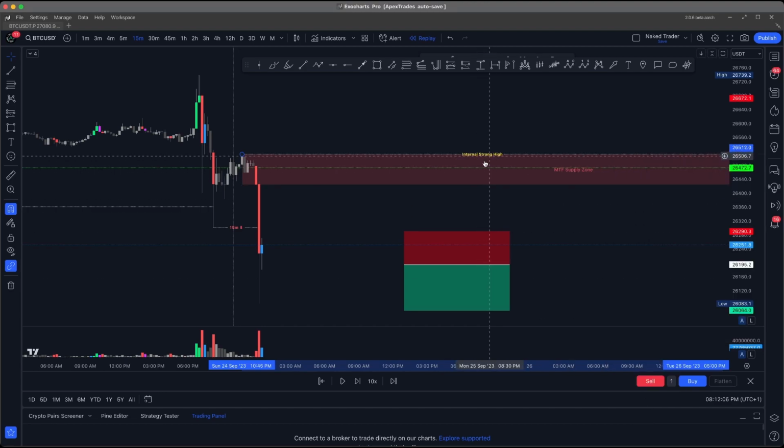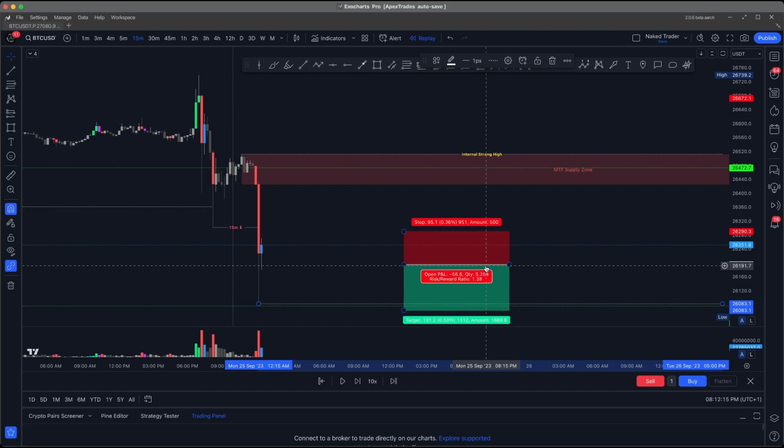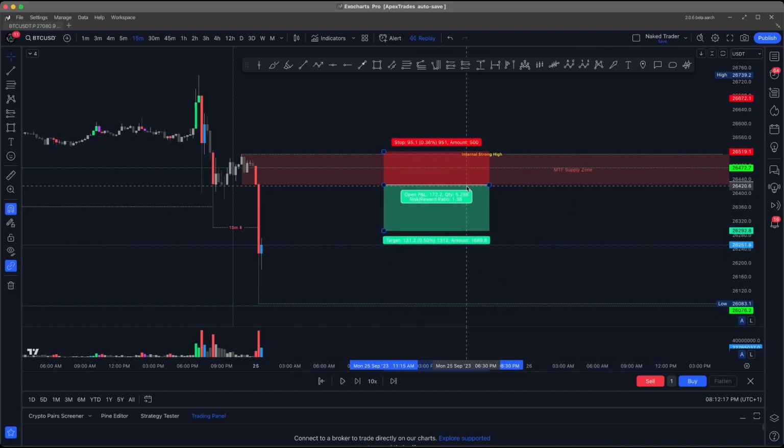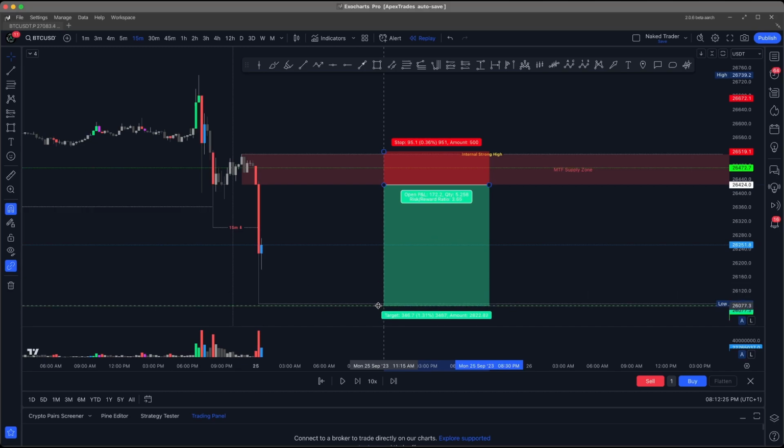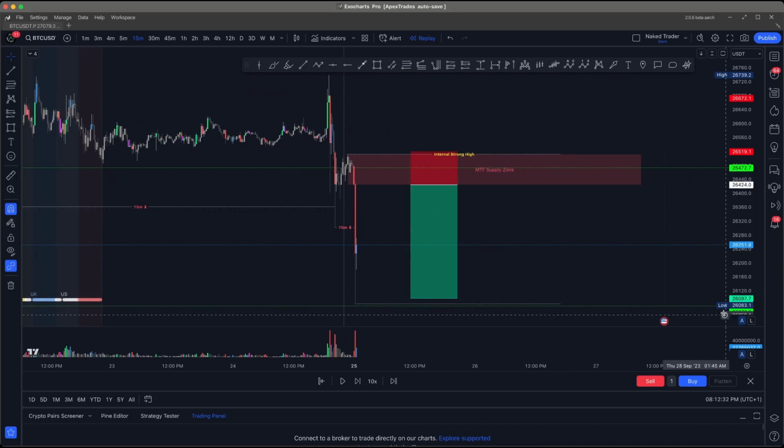We don't anticipate that it's going to break. And then we call this the internal weak low that we expect to break. And so the lazy way, if you can't look at the charts and you just want to go with a risk to reward ratio of, for me it's always going to be 5, because I always want to have a 5 risk to reward. What I would do is, let me take that off auto.